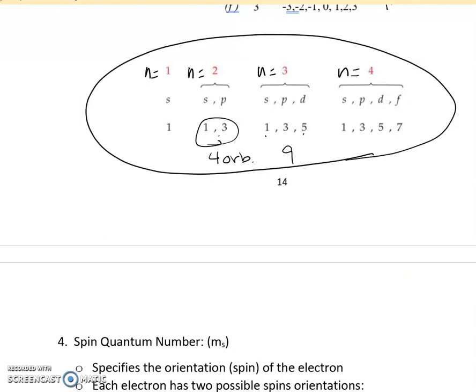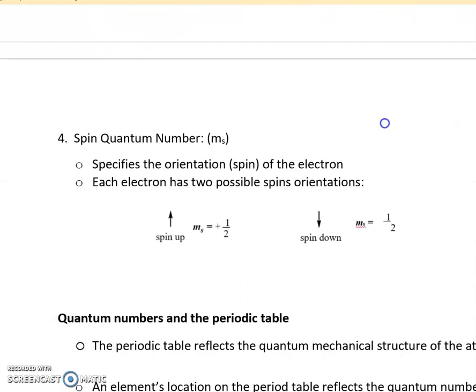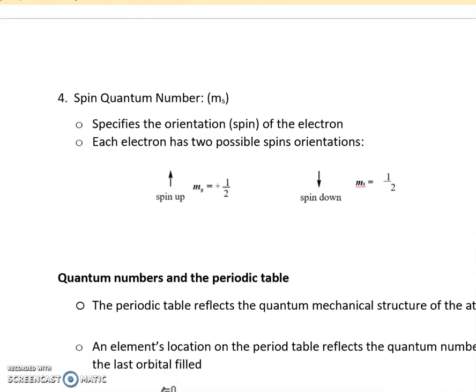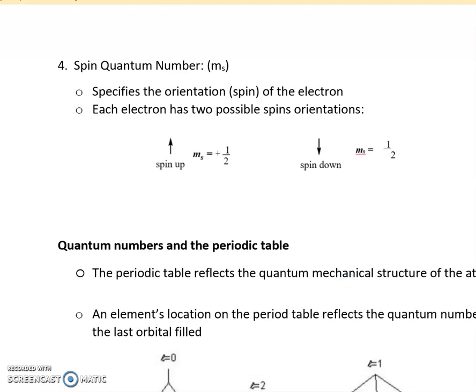And finally, the last quantum number, which we haven't spoken about at all, is m sub s. This is the spin or the orientation of an electron. There are only 2 possible orientations. Spin up. So when we were drawing orbital diagrams in your intro class, we would usually draw a line and put one electron having a spin up. And if we filled that orbital, we would show a spin down.